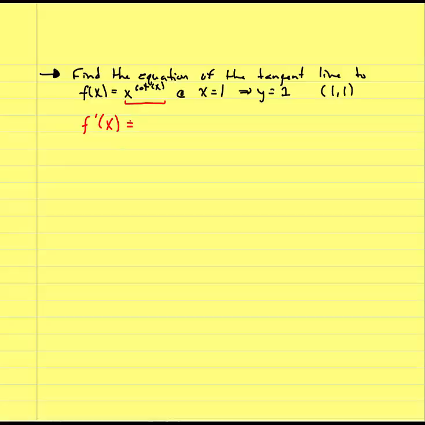I could use logarithmic differentiation, and that was from our previous section. I think this would be a good one to do logarithmic differentiation on. Or I can use a rewrite.